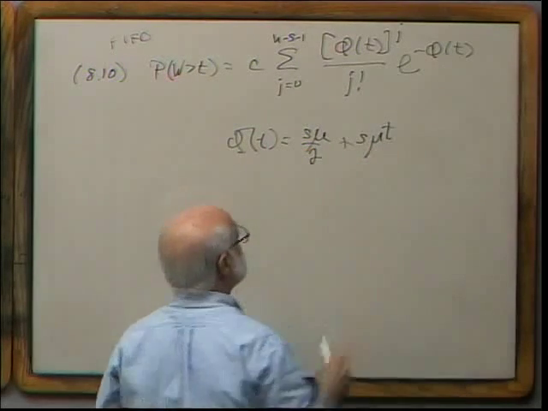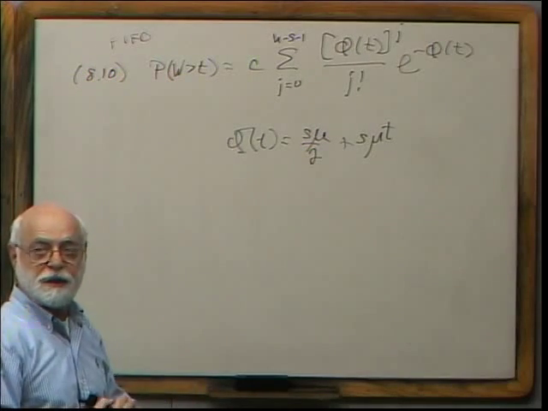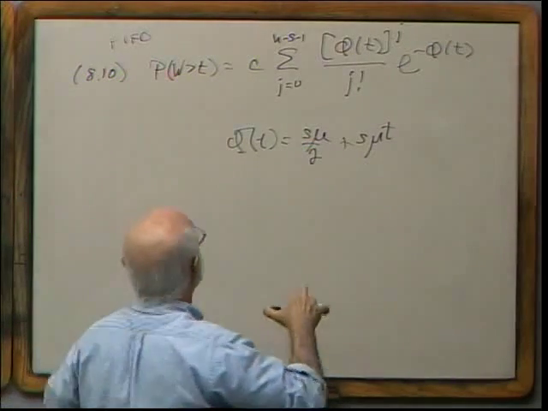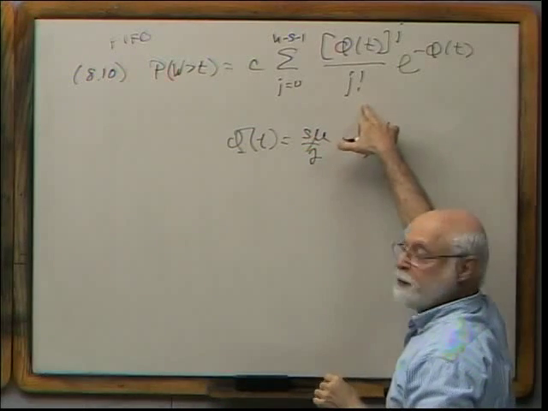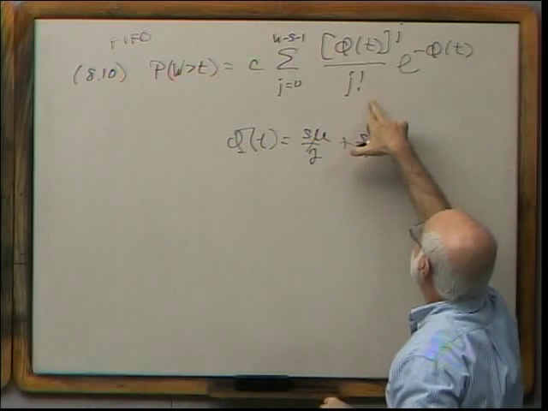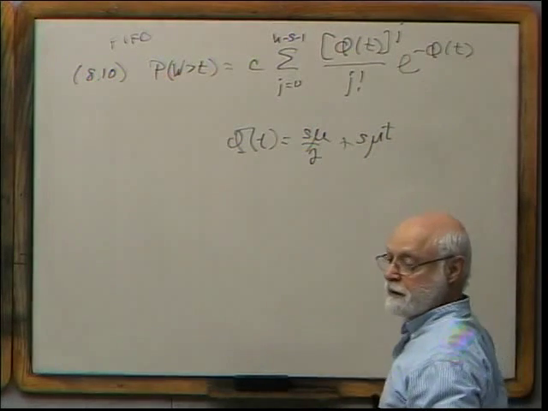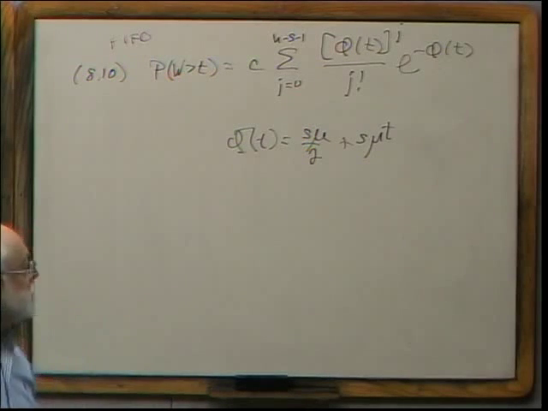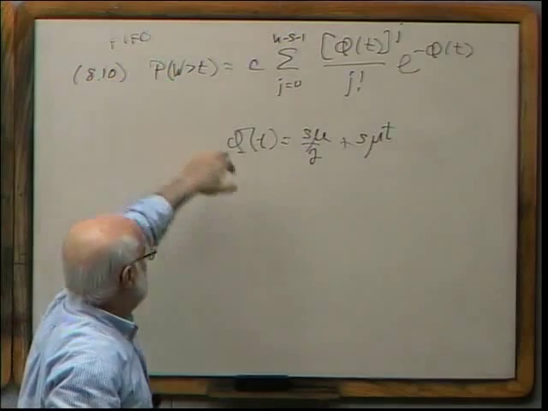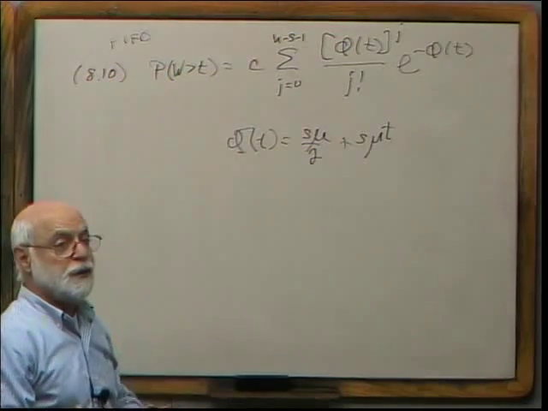What's interesting here is that despite all of this complicated looking arithmetic, when you get all done with it, this probability is a sum of Poisson terms, because it's of the form something to the j over j factorial, e to the minus something. So once you calculate the constant, which is given in the book, and plug in the value for phi of t, you just add up Poisson terms, and that gives you the waiting time distribution function.